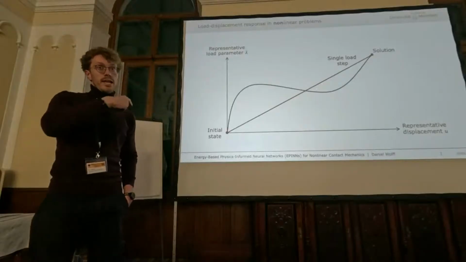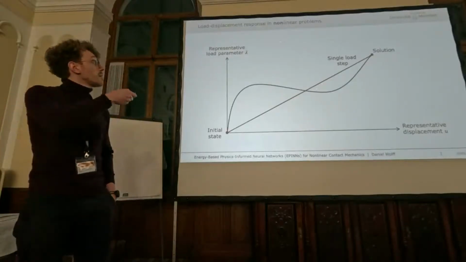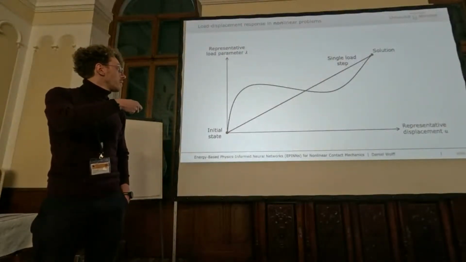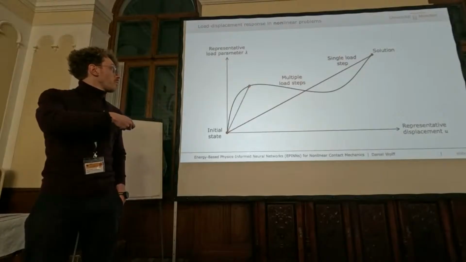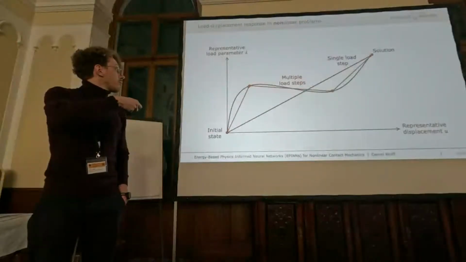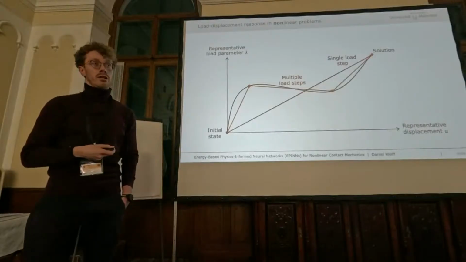And actually, they can do this, which I consider very impressive. However, in nonlinear problems, we're typically really interested in reconstructing this nonlinear response of our system. So what we would like to do is try to solve our problem in multiple load steps so that we get an approximation of this nonlinear response.